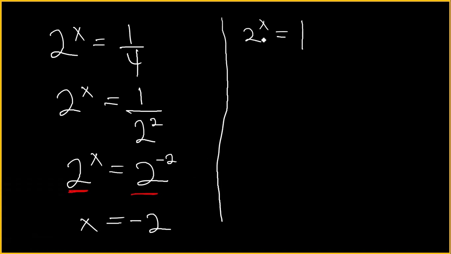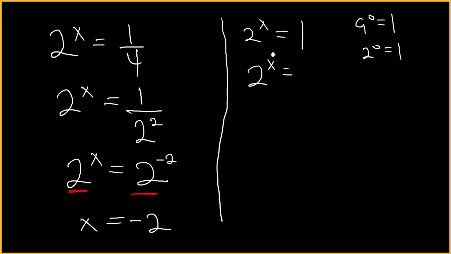Let's move on to the other side, which is 2 raised to the power x equals 1. Any number raised to the power 0 is 1, so 2 raised to the power 0 is 1.